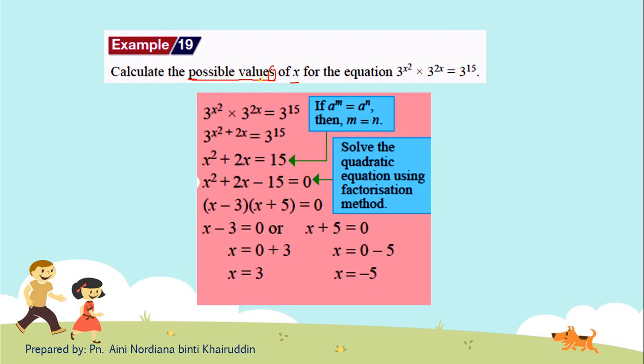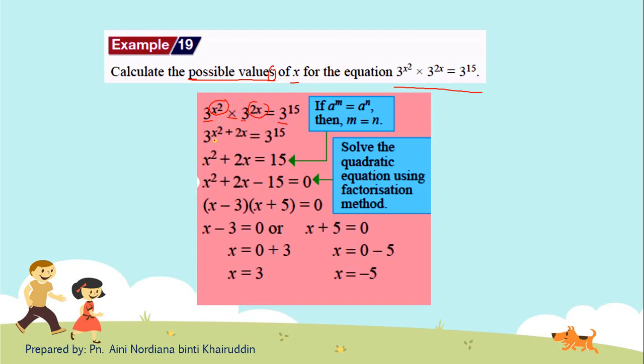That means the value is more than 1. For the equation, this is the equation. So first, write the equation first. And then, since this is all the same base, so x squared plus 2x, because of multiplication here.